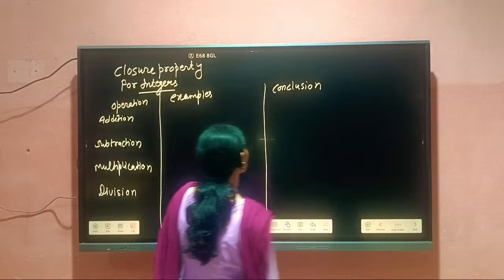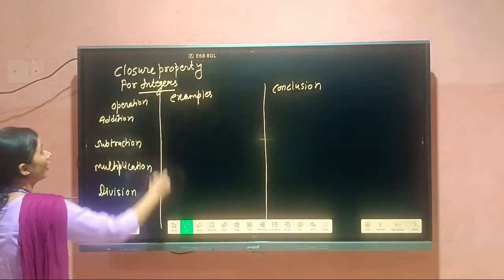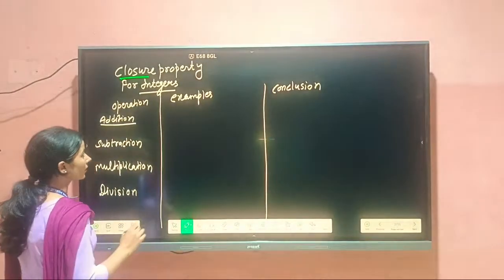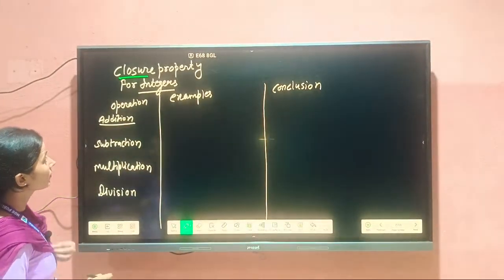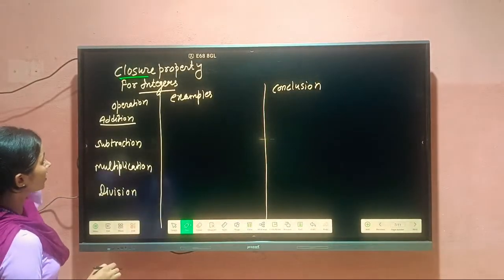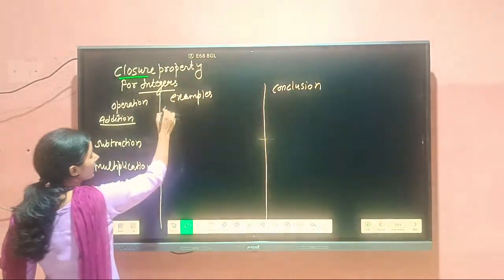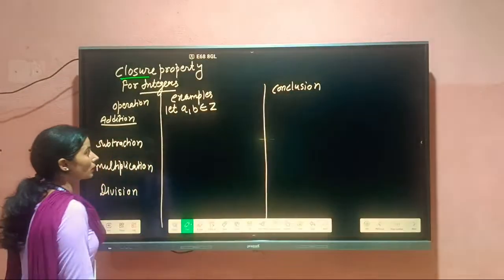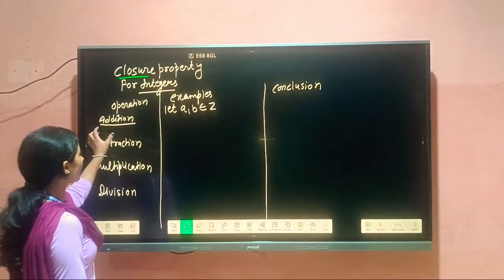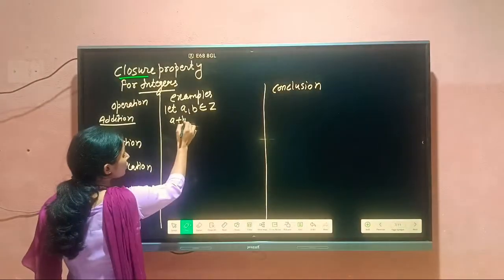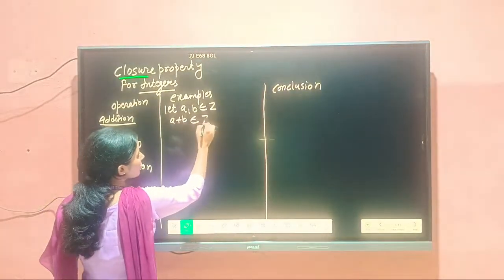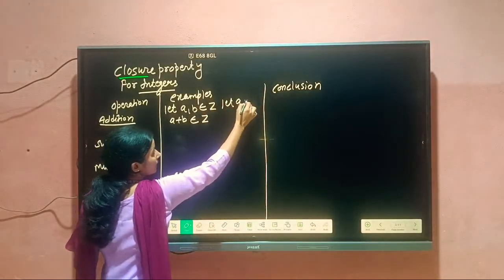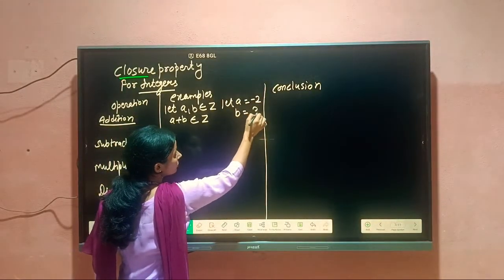What will be our conclusion? Okay, see. Closure property for integers under addition. Same as before, there we were taking examples from whole numbers, and now we will consider two numbers from the set of integers. Let A and B belong to integers. Now under addition, if I add these two integers, then my answer must belong to integers. Let A be minus 2 and B equal 3.